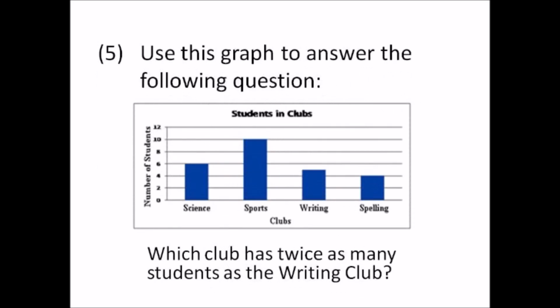Number 5. Use this graph to answer the following question, and it's a bar graph. Students and clubs. Which club has twice as many students as the writing club? Find the writing club, see how many students are in it, and then find the club that has twice as many as the writing club.